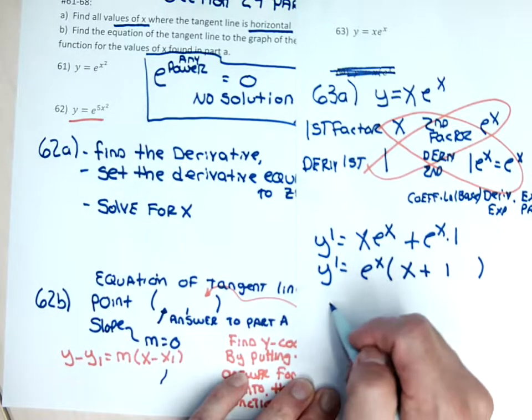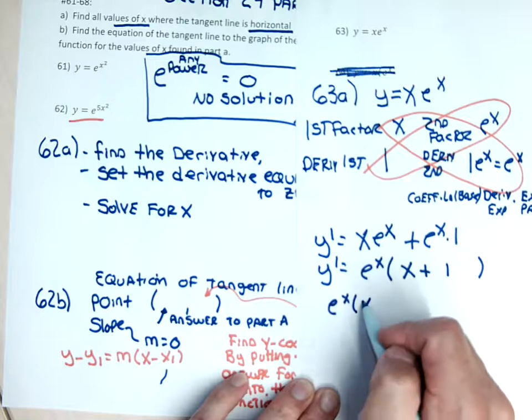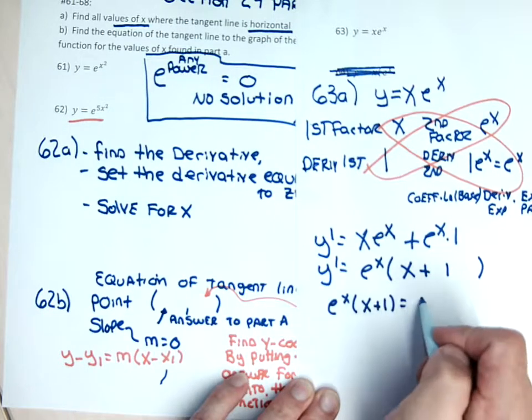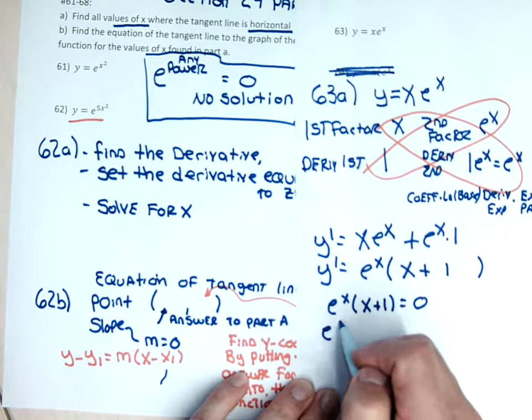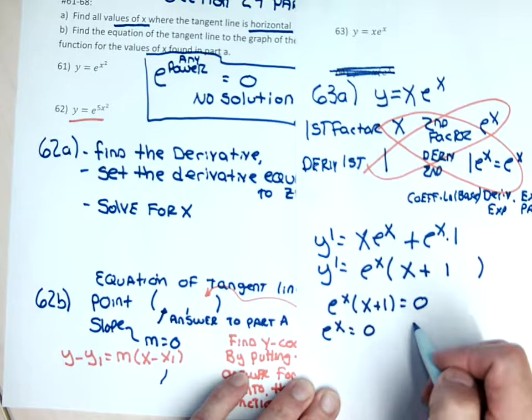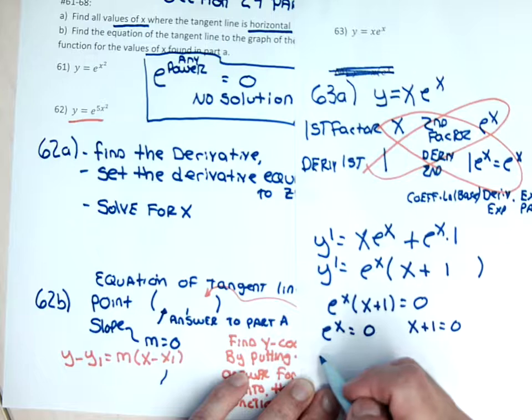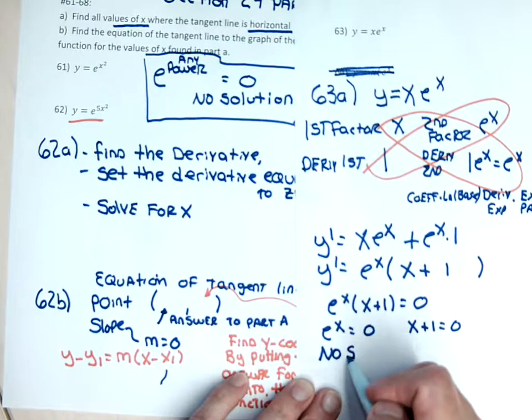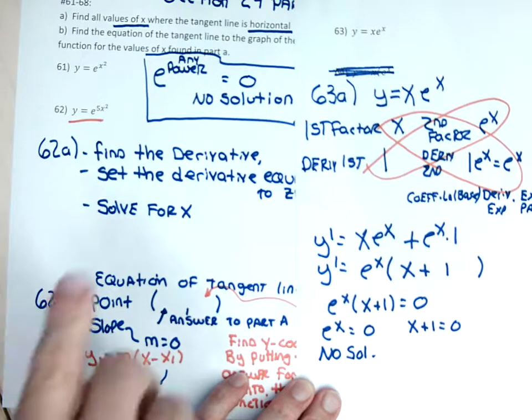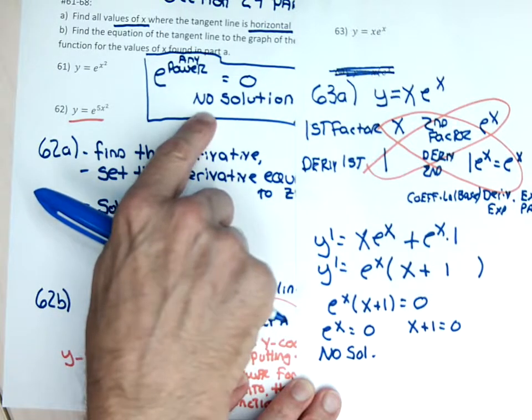Now I'm going to set the derivative equal to 0. And because it's factored, when I set it equal to 0, I can just take each of the factors and set it equal to 0. The first factor is an e to a power, and e to a power equal to 0 doesn't have a solution.